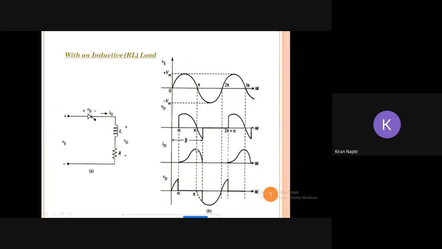Why is this so? Because during the negative half cycle, the energy stored in the positive half cycle gets dissipated very early, and therefore the current drops suddenly. For every positive half cycle, we observe this kind of nature of output waveform, especially for this circuit with inductive load.